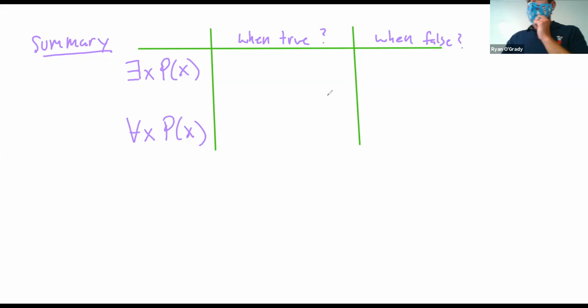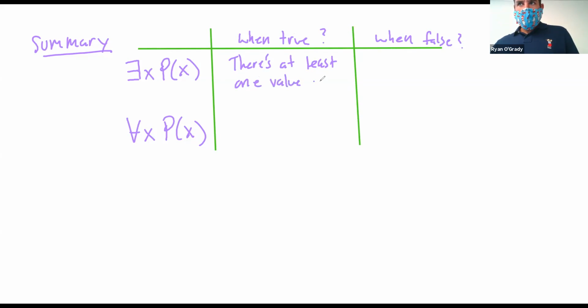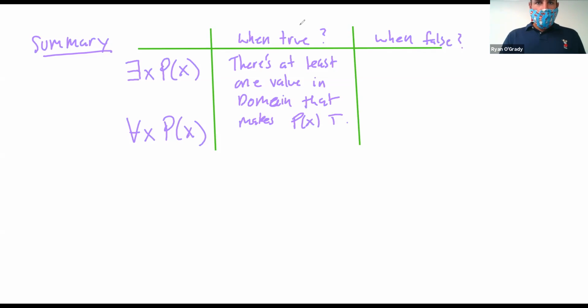So when is there exists true? All we need for this to be true is there's at least one value in the domain that makes P of x true.